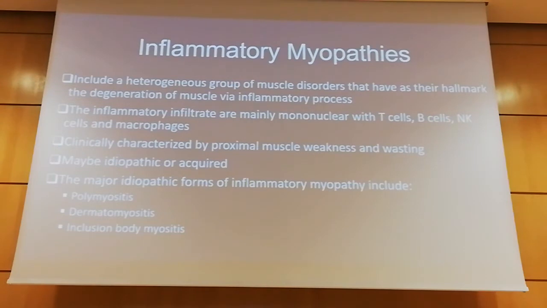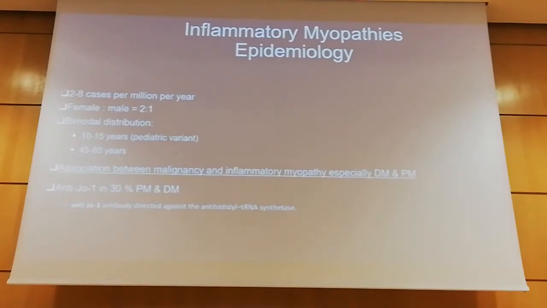So it is important to keep in mind because something could be lurking behind it in the form of a visceral neoplasm. Major idiopathic forms include polymyositis, dermatomyositis, and inclusion body myositis.